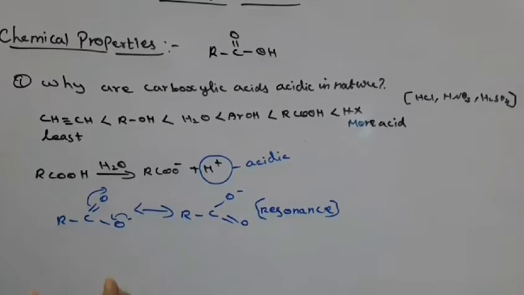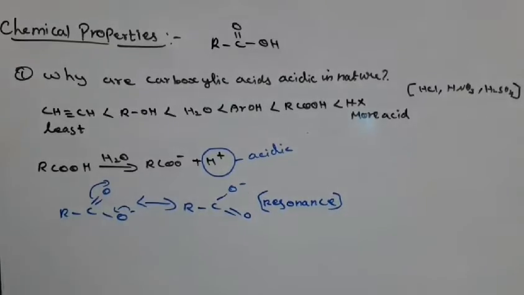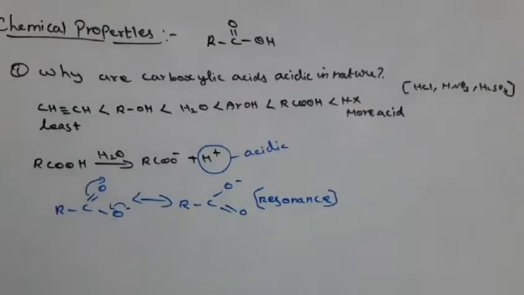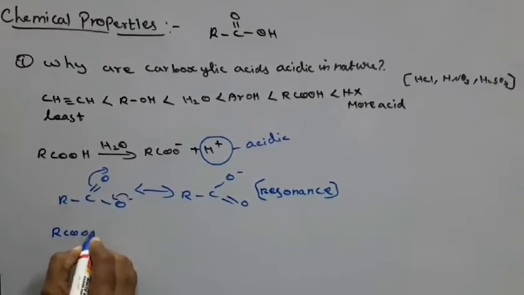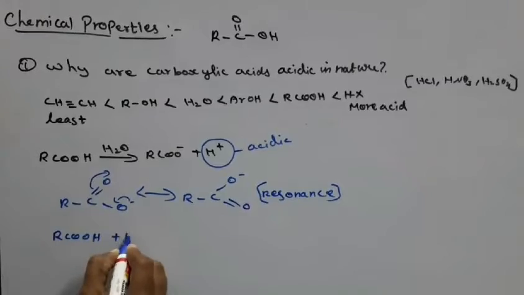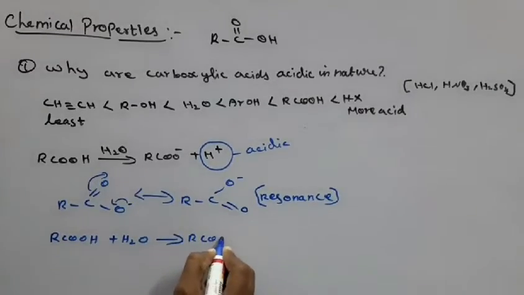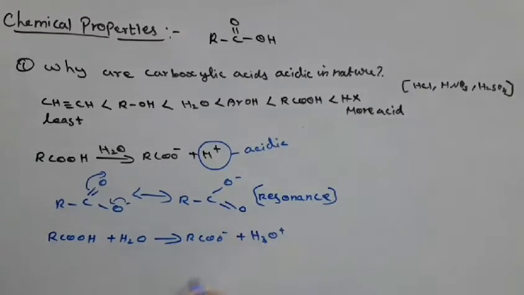So this carboxylate undergoes resonance. The carboxylate anion is a resonance-stabilized, stable one. How? Because the acid group, hydrolyzed with water, produces RCOO minus, the carboxylate anion, plus H3O plus.